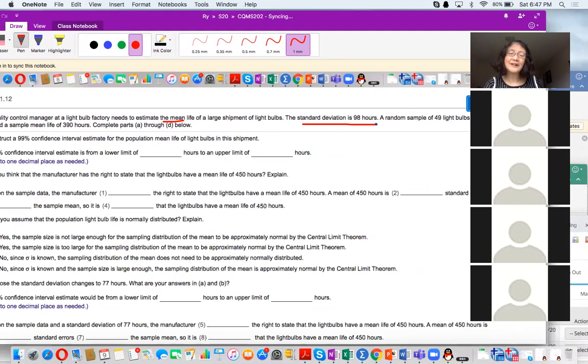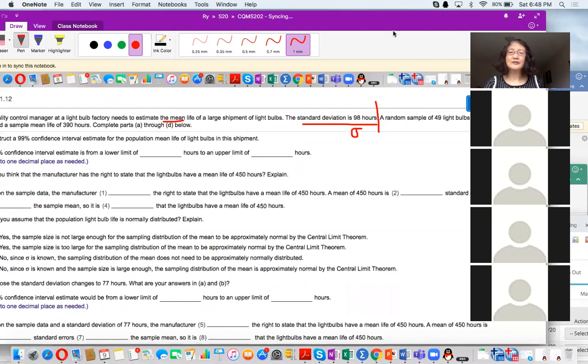How do I know this standard deviation is population standard deviation or sample standard deviation? So far, you do not have any sample data. Just up to here, you don't have any sample data. You don't have any indication this is sample standard deviation. So this is population standard deviation sigma, 98.